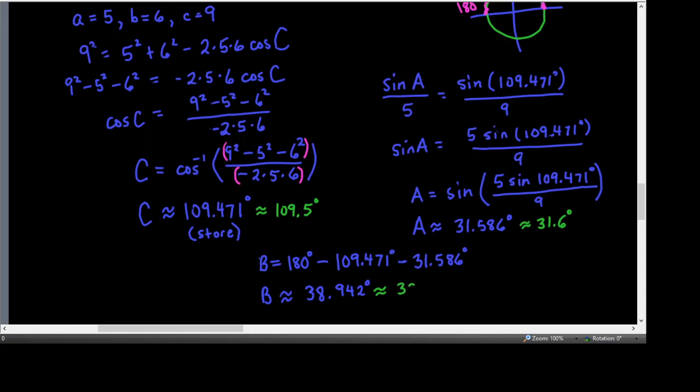Now, this brings up a point. On MyMathLab, when you're doing problems of this type, if it says to round a certain way and you don't, like if for this one it was a problem on MyMathLab and the directions had said round to the nearest tenth, and I had typed in 109.471 degrees for C, they would have said that's wrong.